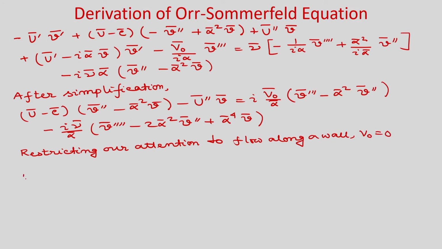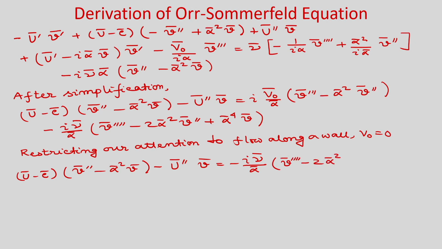So, you will get u bar minus c bar v bar double prime minus alpha bar square v bar minus u double prime bar v bar is equal to minus i nu bar by alpha bar v bar 4 prime minus 2 alpha bar square v double prime bar minus alpha to the power 4 v bar. So, this equation is known as the Orr-Sommerfeld equation.